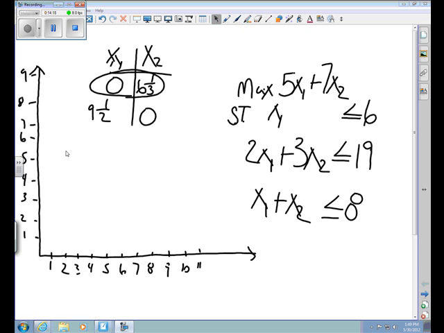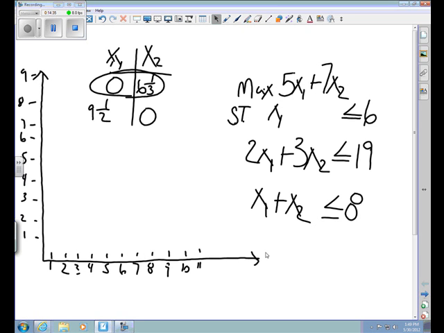And what I'm going to do now is I'm going to take the coordinates from this second constraint, and I'm going to plot those 2 points. The first point is where x1 and x2.